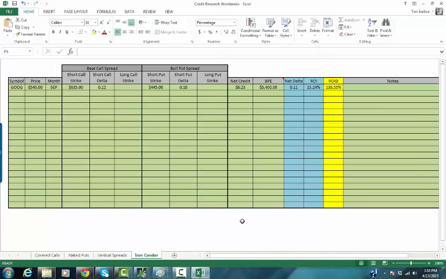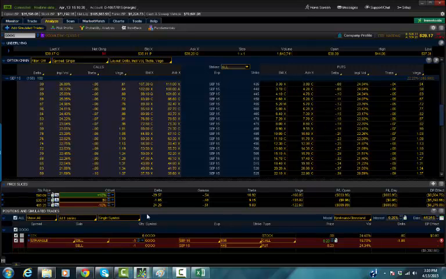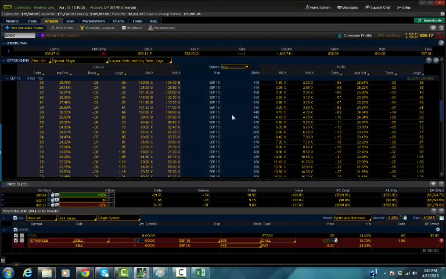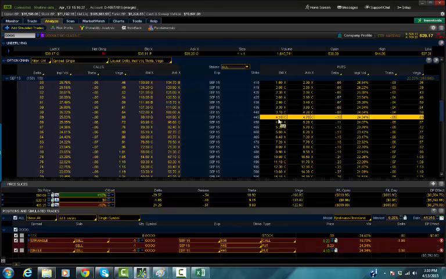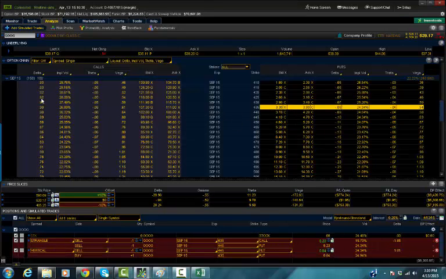Now, if I want to reduce the risk or the cost, it's simple enough. I can just do a Condor instead. This is where with really big stocks like Google, it may be better to use an Iron Condor. I'm going to do a 10-point window here.